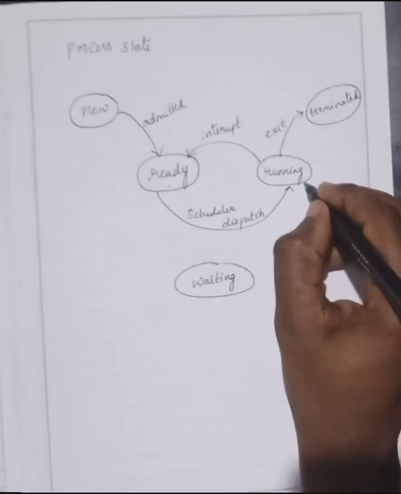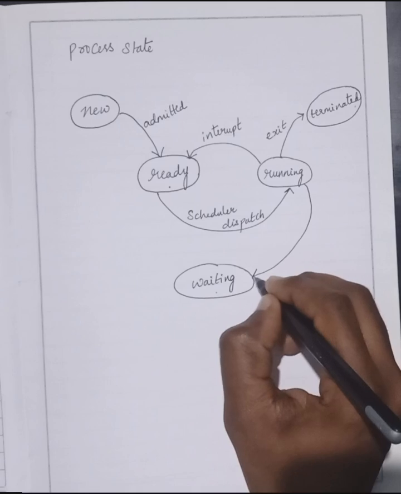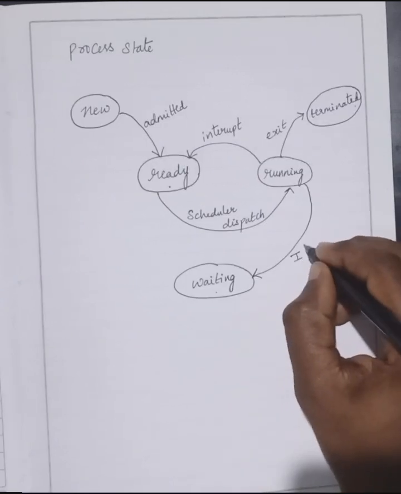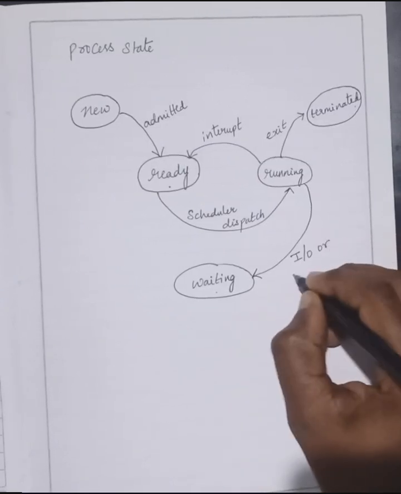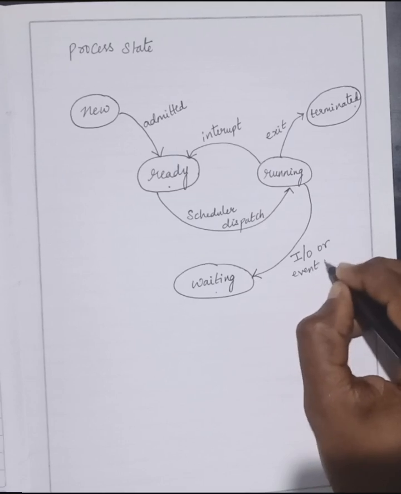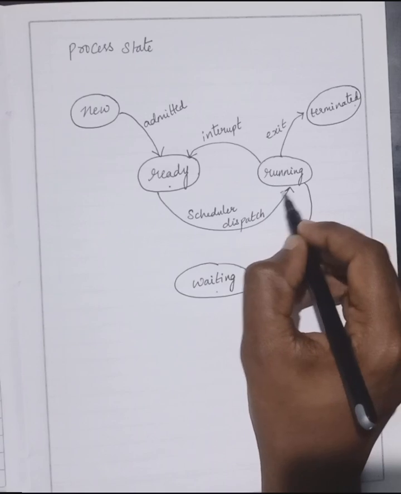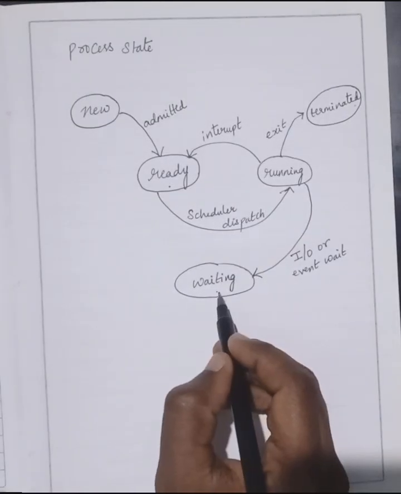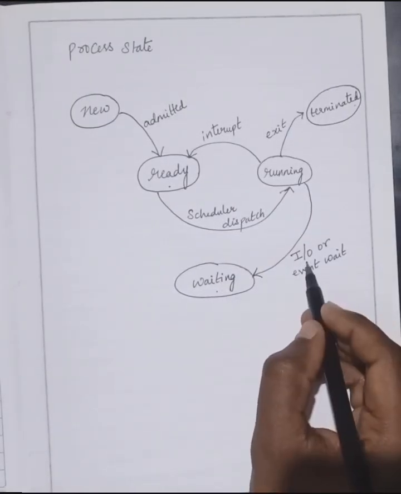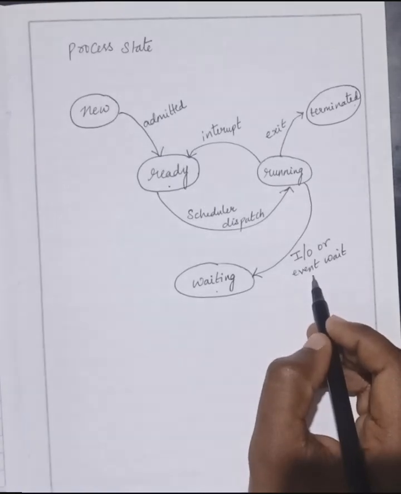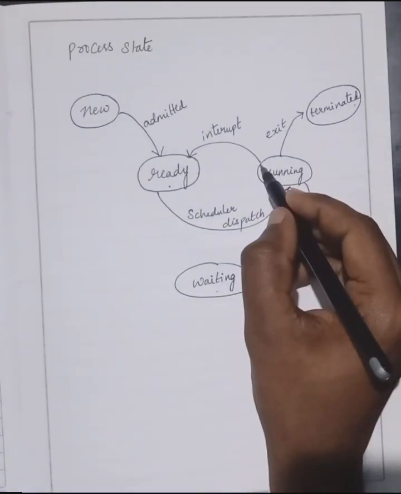So when it goes into the waiting state, whenever we are running and we want some input output, or we want to wait for some event, then our process goes from the running state to the waiting state. Once the input or output is done or the event is done, it does not directly go to the running state.